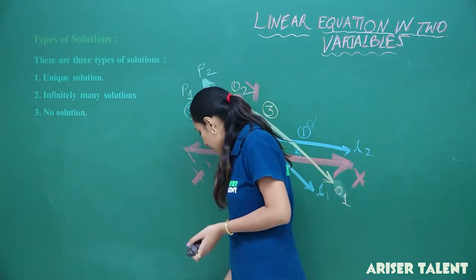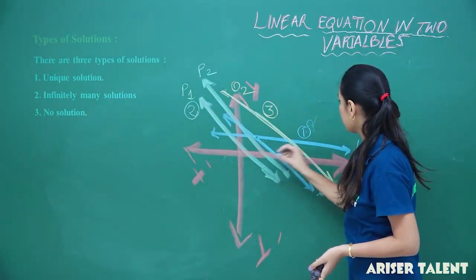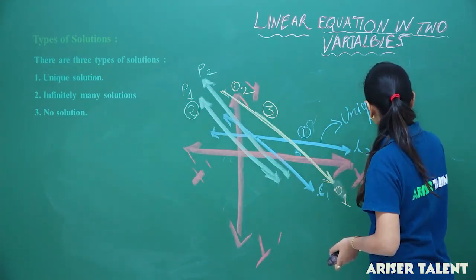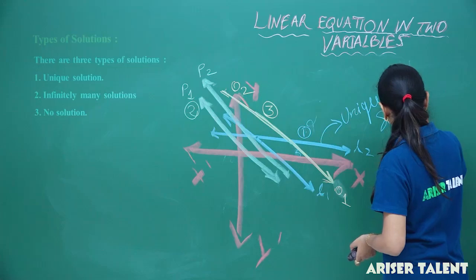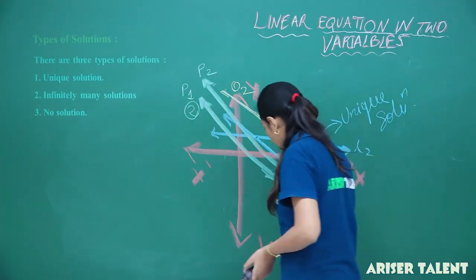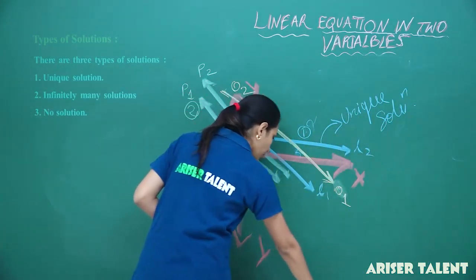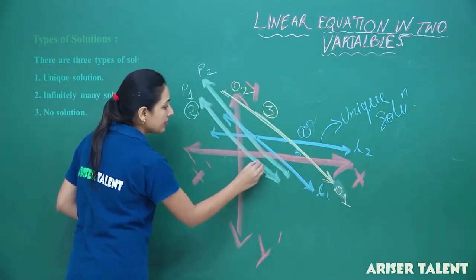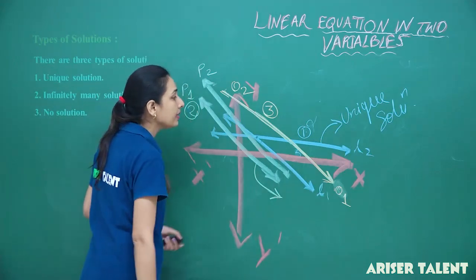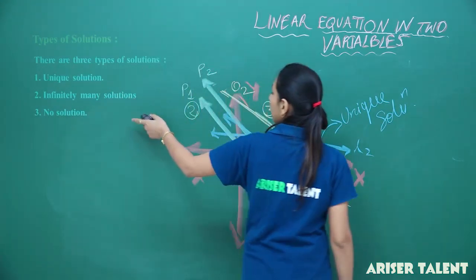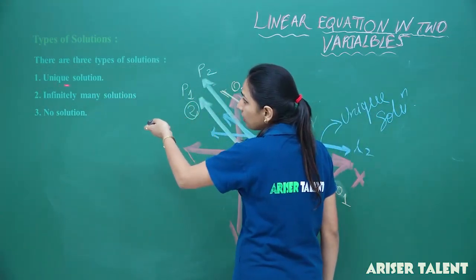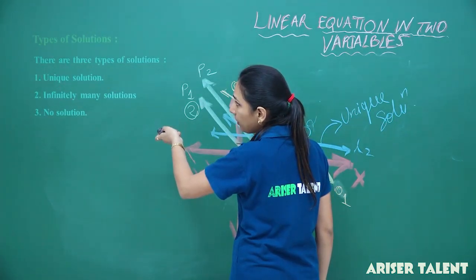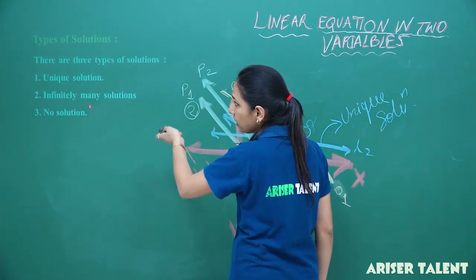Now understand this. If this condition exists, this is having a unique solution. Intersection will have a unique solution. If I am having this second thing, these are parallel. So if the first is not going to happen, these two conditions will arrive.